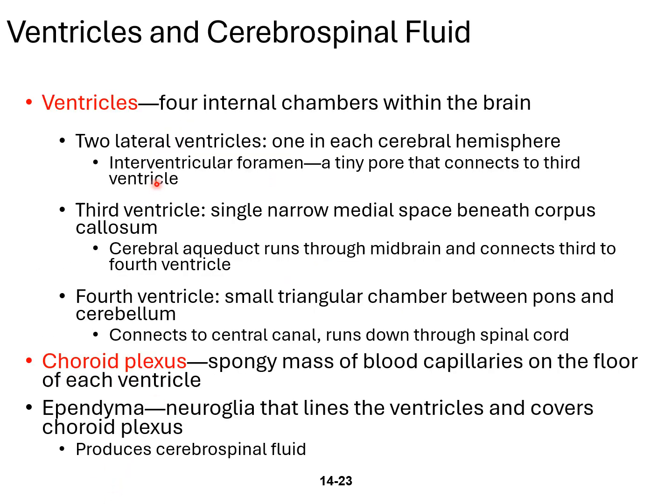So let's kind of look at the ventricles and how you make cerebral spinal fluid. We talked about the two lateral, the third and the fourth, and the cerebral aqueduct, so we can skip that. We're going to go directly to the choroid plexus. Choroid plexus are going to be a spongy mass of blood capillaries on the floor of each ventricle. On top of them, they're going to have epidermal cells that we talked about earlier with glial cells.